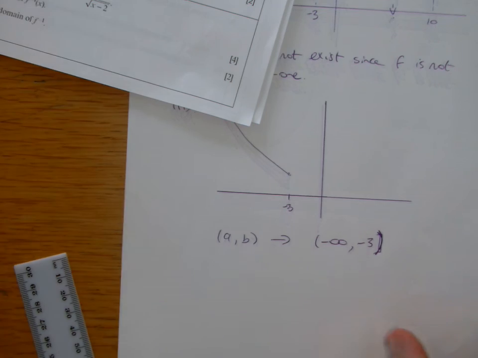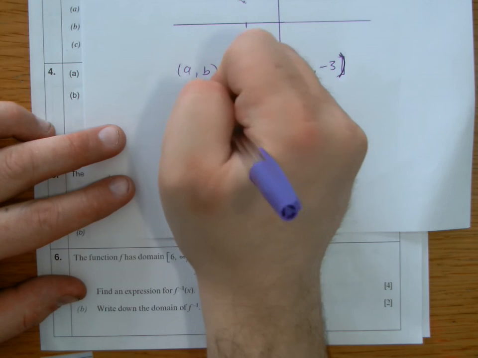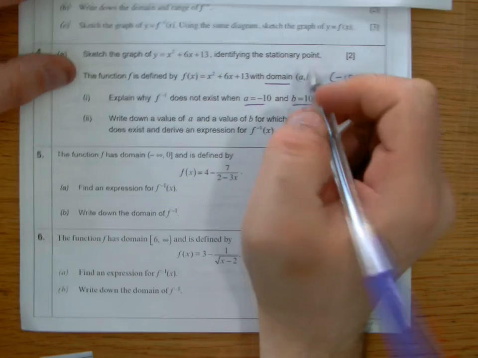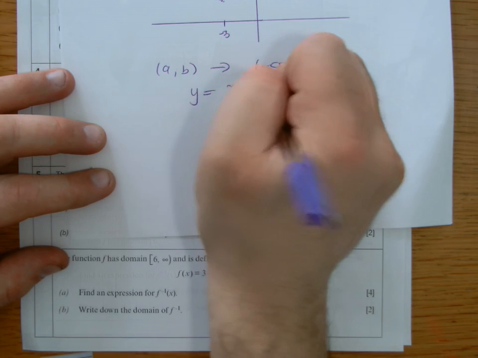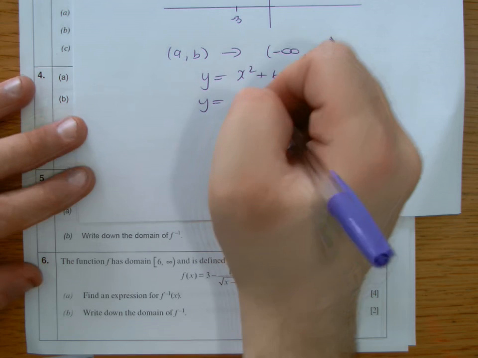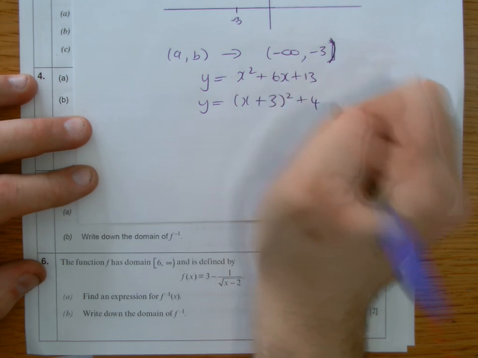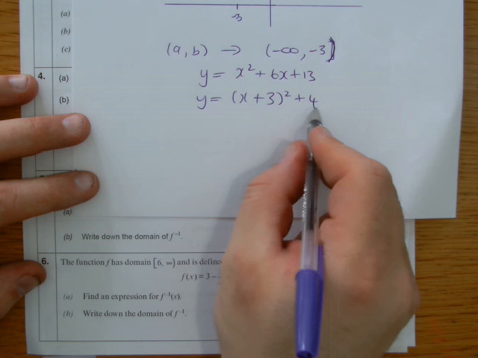Then it says find the inverse function of f. Well, remember, if you've got f of x equals x squared plus 6x plus 13, you've got to use the completed square version that we had earlier. Take the 4 over.